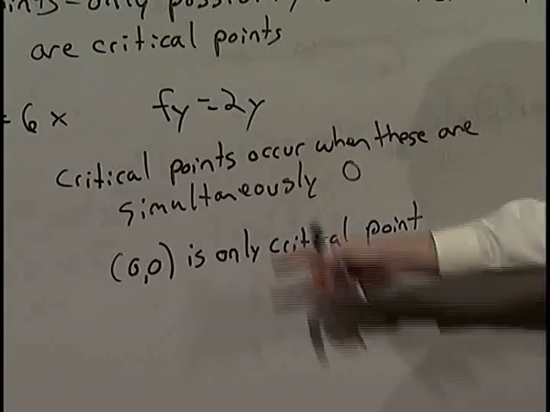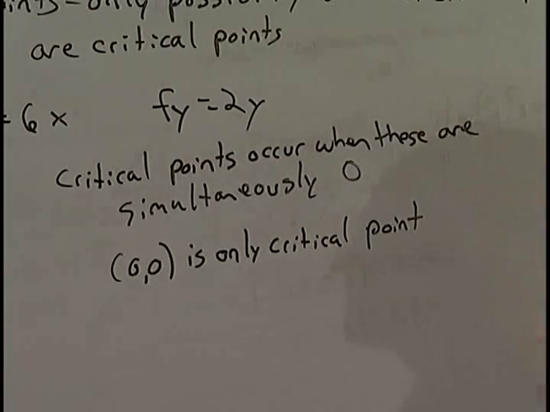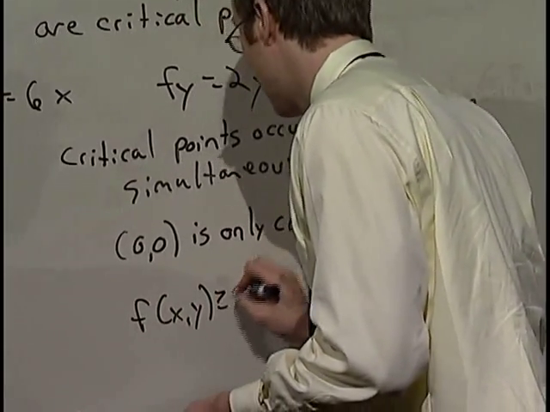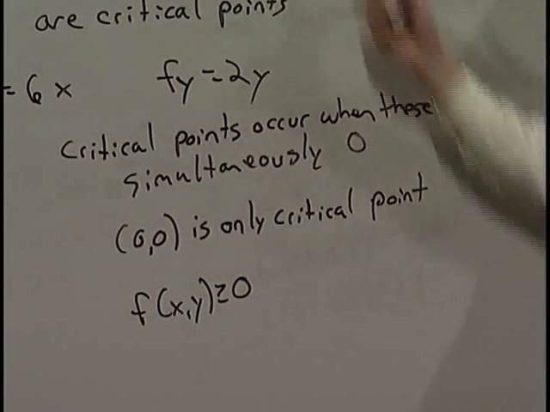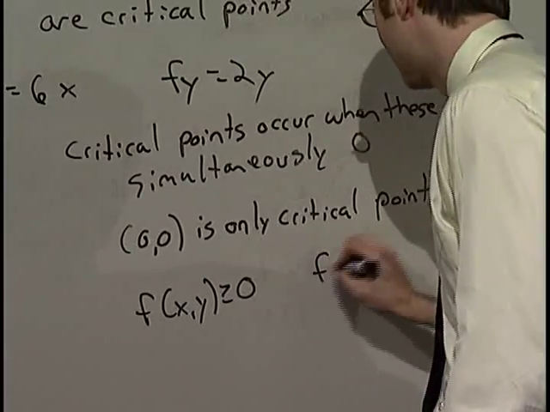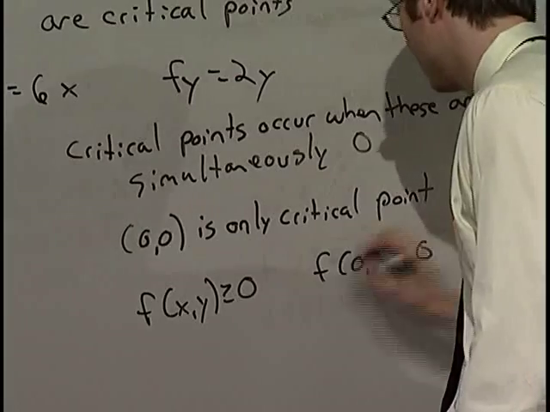Okay. And so we know this is a paraboloid, it opens upward, and so f(x,y) is going to be bigger than or equal to 0 at every point, right? f(0, 0) is equal to 0.